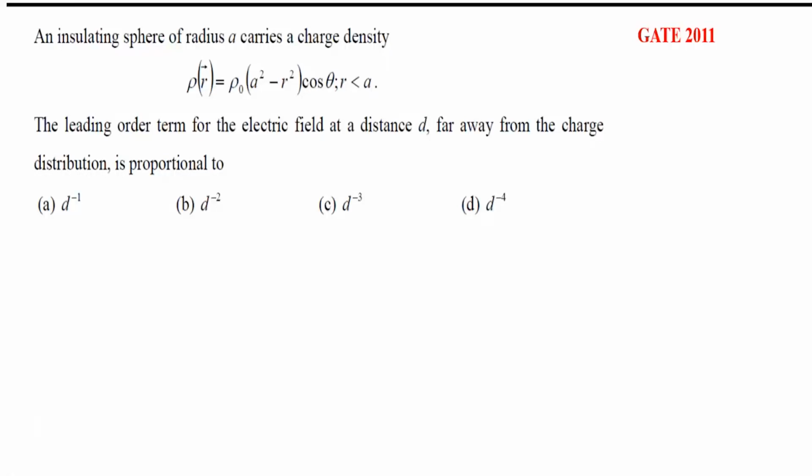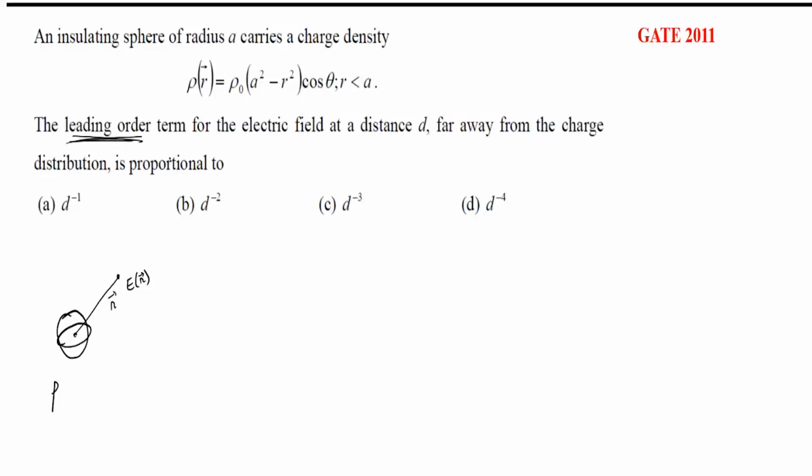Please read this question. Then I will come back to the solution. The question is saying that there is an insulating sphere having some distribution rho, and you are asked to find the electric field at R. But here they're asking for the leading order.